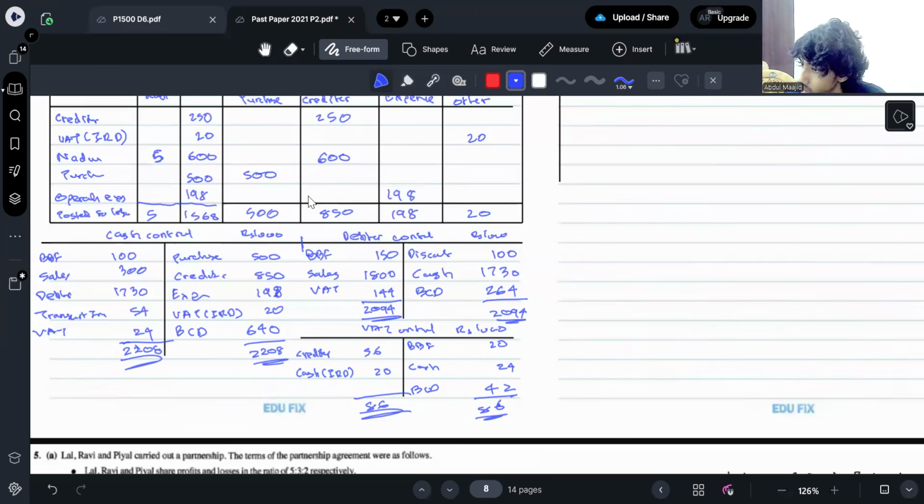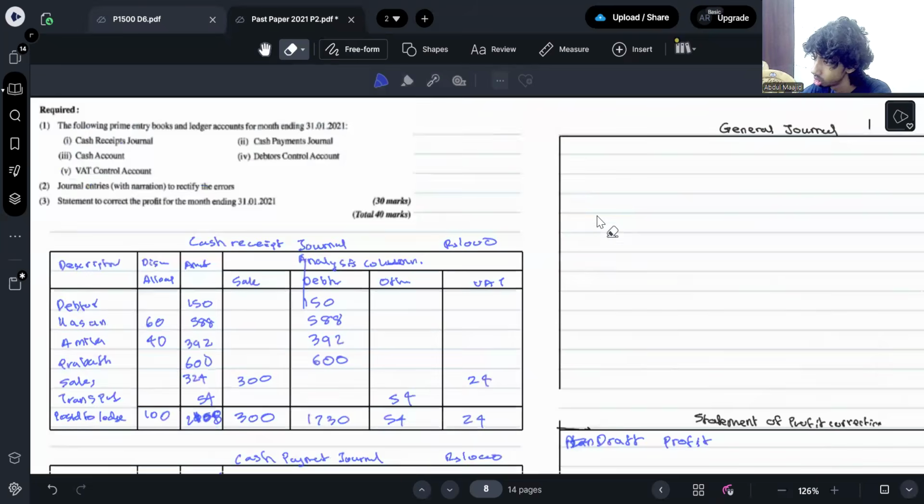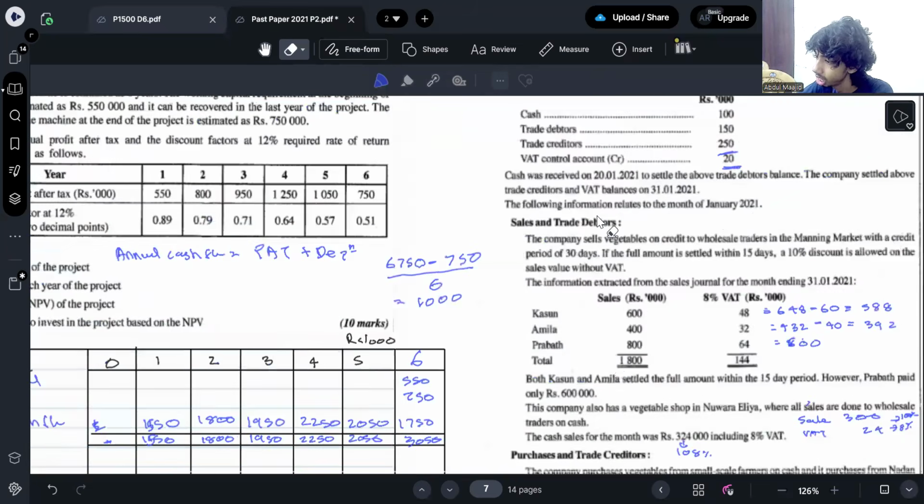Okay, I haven't recorded the debtors VAT. So now here you can see the VAT charged by debtor. At that time you are supposed to put it there. The VAT charged from debtor on sales 144. Debtors account will be debit.